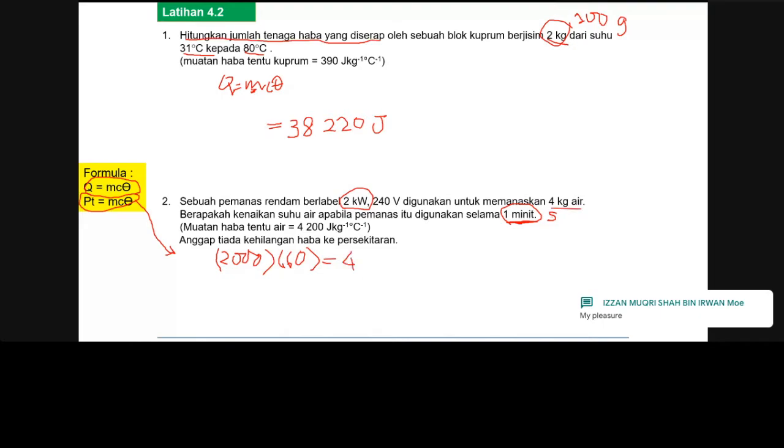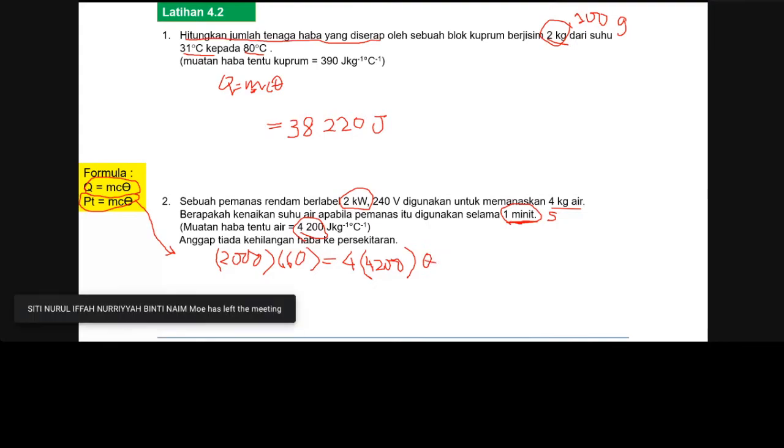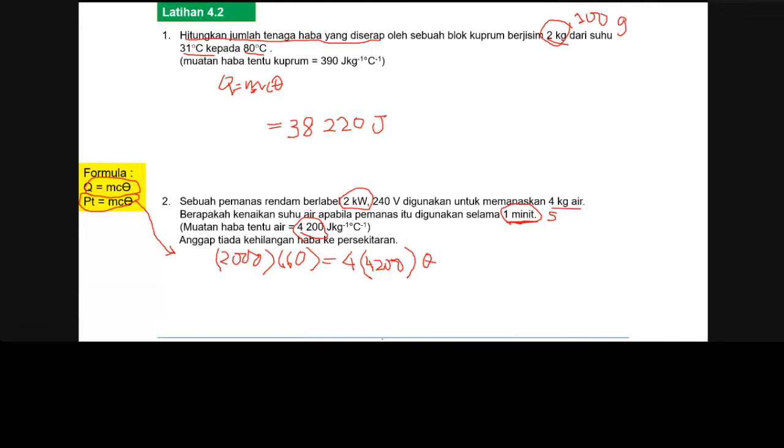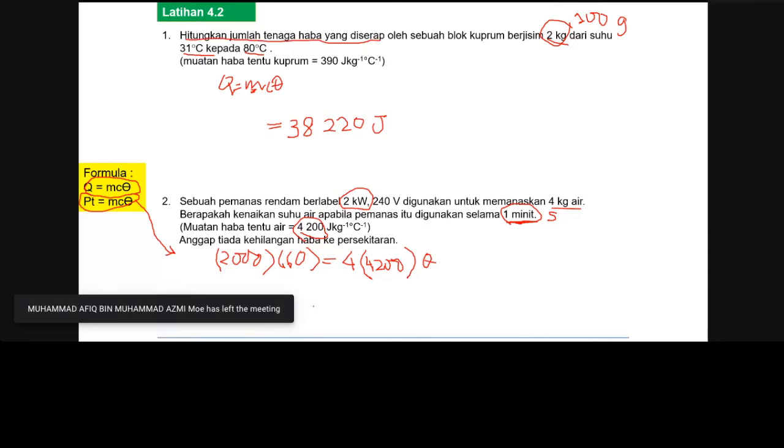C is given as 4200. So what is the temperature rise? You are just looking for theta. Sorry, because I'm using a mouse; it's quite hard to write with a mouse. So I think the answer is 7.14.